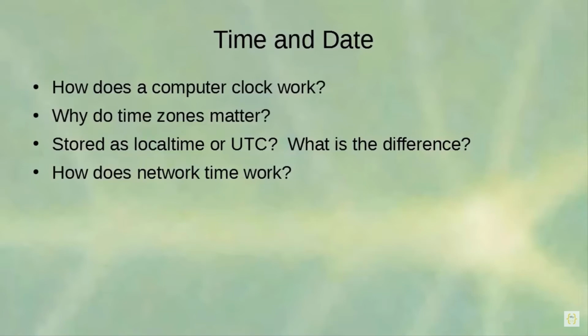The idea is if you send electricity through a quartz crystal, it oscillates at a given frequency, and the computer can count that and keep track of date and time. The problem is that not all quartz crystals are created equal, so it doesn't work that way. They get off a little bit. So in order to make things work properly, you have to use things like network time.